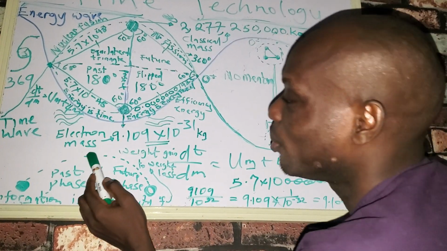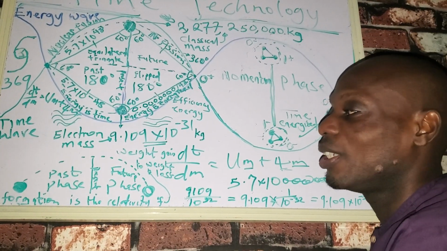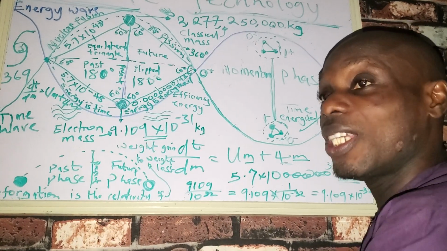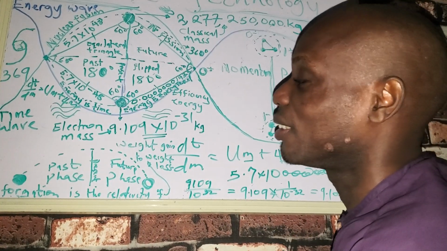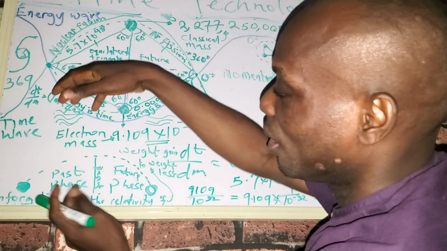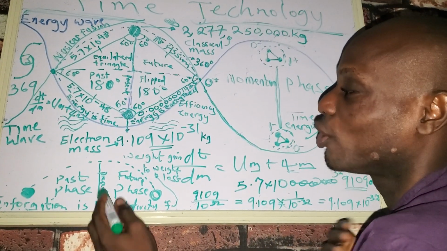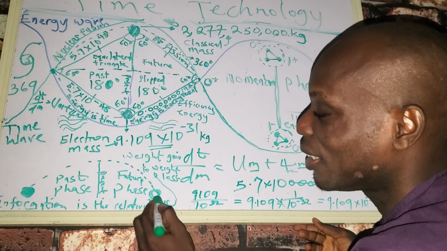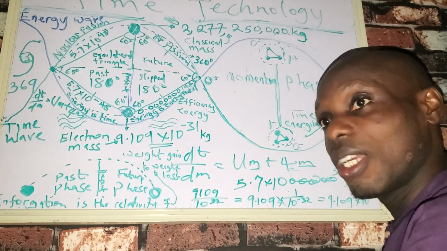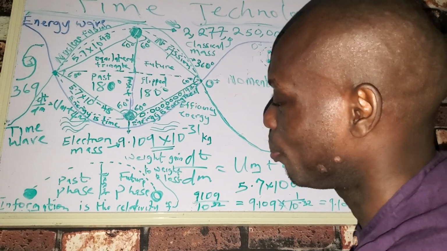And then from the present to the future, the momentum will be moving downward, which means that the additional weight that is being given to the ball will now be decaying. So the mass will be decaying as it moves towards the future.